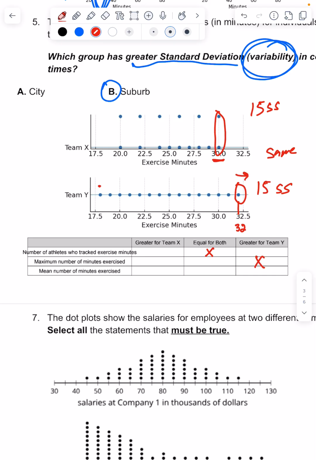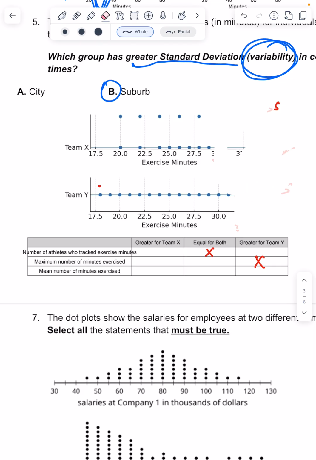And then the last thing is the mean. So the mean value. I'm going to write that there are 15 students over here and 15 students here, just in case we need that. We could see 1, 2, 3, 4, 5, 6, 1, 2, 3.